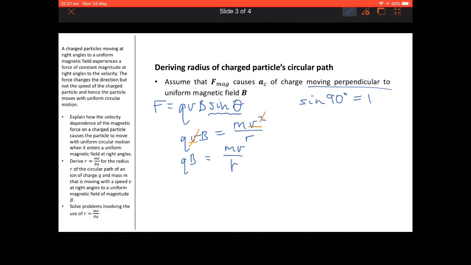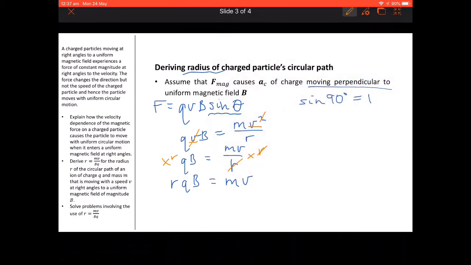To get radius by itself, which is what we're looking for, we just need to multiply both sides by the radius, so times by r times by r. These r's will cancel out and we'll be left with radius multiplied by charge multiplied by magnetic field is equal to mass times velocity.